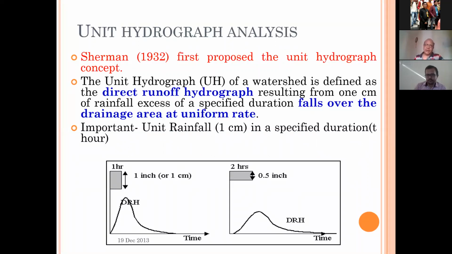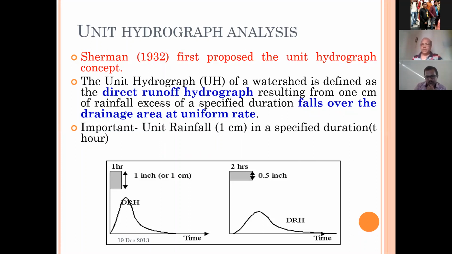Hydrograph means a curve between time versus runoff, but the simple thing is that rainfall is unit. If 1 centimeter rainfall occurs all over the ground, how much runoff will come at your outlet?